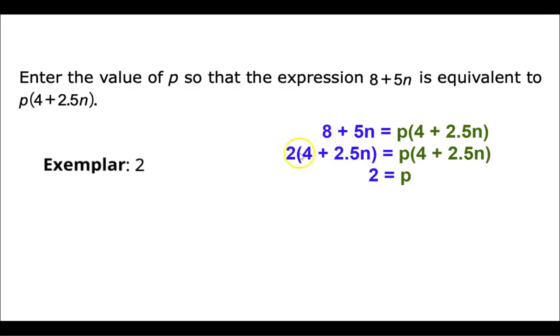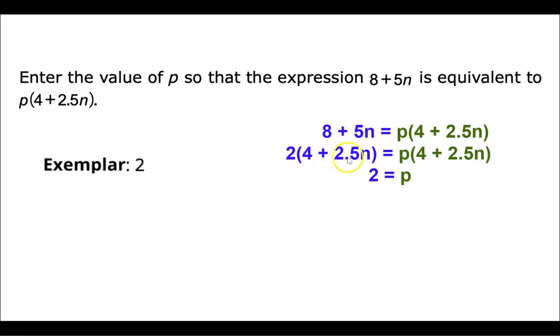If you have 2 times 4, which is equal to 8, the reason why I picked 2 is because we have a 4 right here. I thought of what number I can multiply by 4 to equal 8. That's thus making this 8 being broken up. And if I do that for 8, I have to do the same thing for 5. So 5 divided by 2 is 2.5. So 2 times 2.5 is 5.